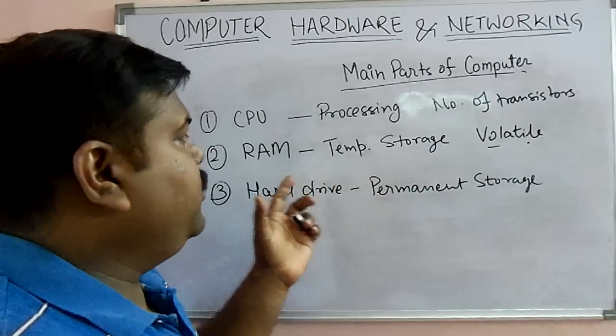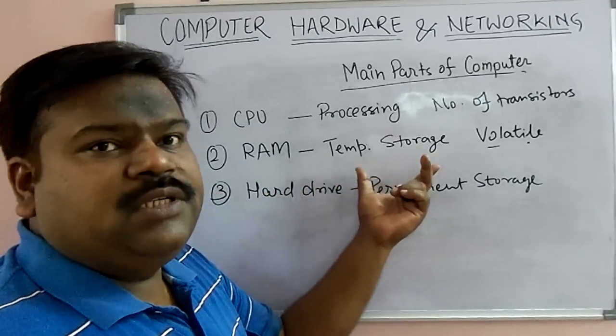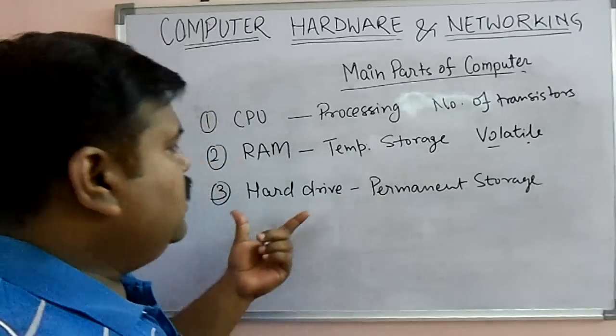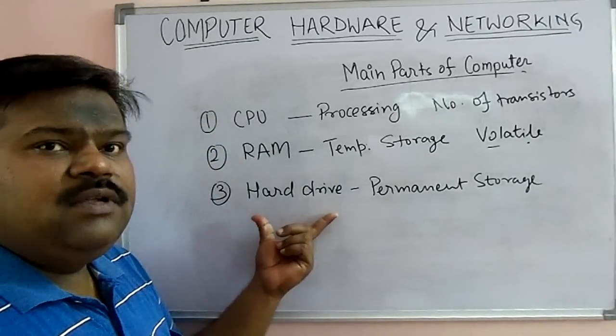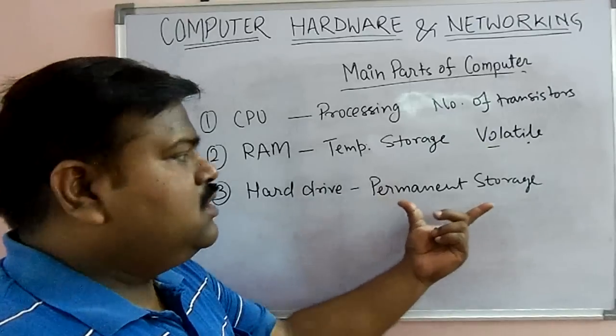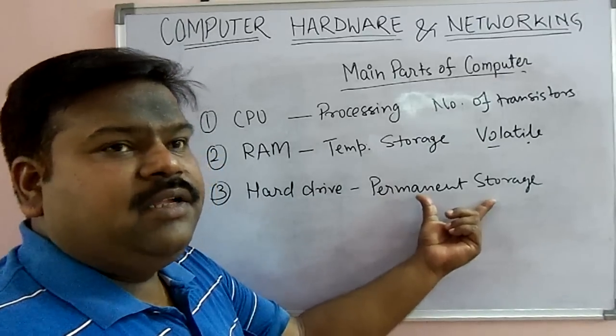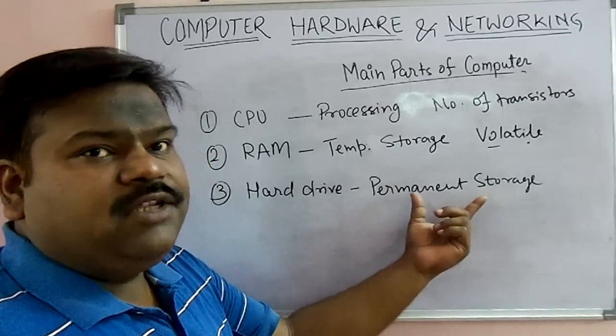It means RAM has temporary storage. The other one is the hard drive, which is a storage device. It stores data permanently, so it is a permanent storage device.